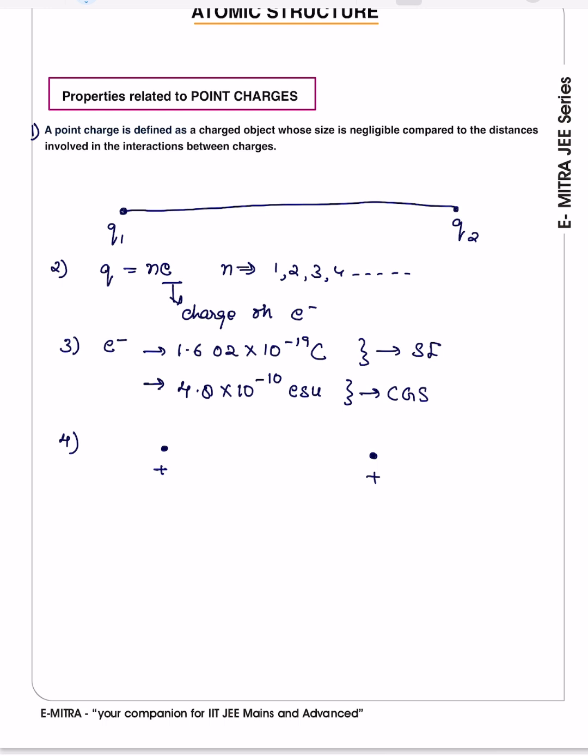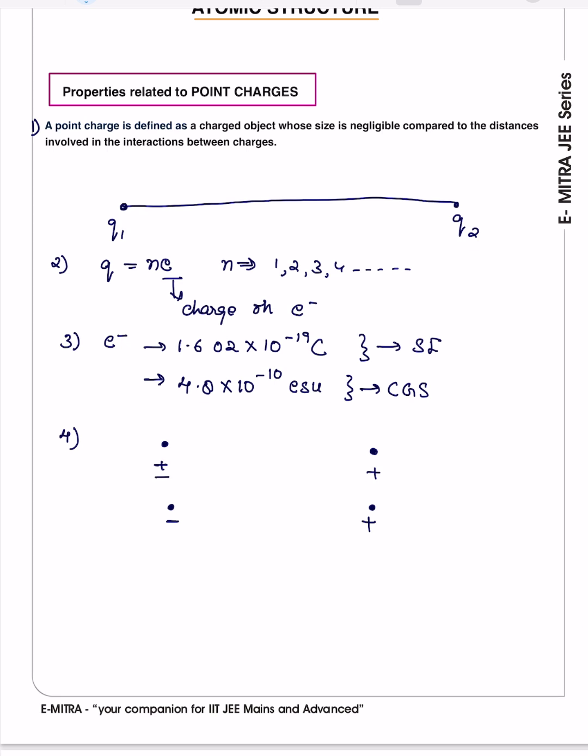And if they are oppositely charged, meaning one is negative and the other is positive, then whenever you have like charges, both plus or both minus, there will always be repulsion between them. And when you have two oppositely charged bodies, there is always attraction between them. So what exactly are this attraction and repulsion? It is actually the force that we are talking about: force of attraction or force of repulsion.